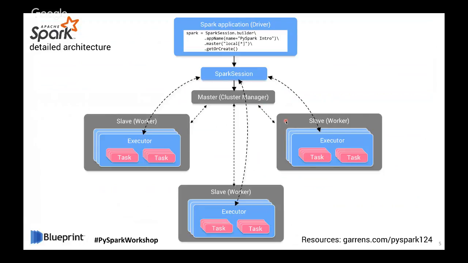The slaves are just the worker nodes. They're just an instance that you have in the cloud or on-premise. The point is they're a physical or virtualized version of an actual machine. They have CPU, memory, disk, etc.